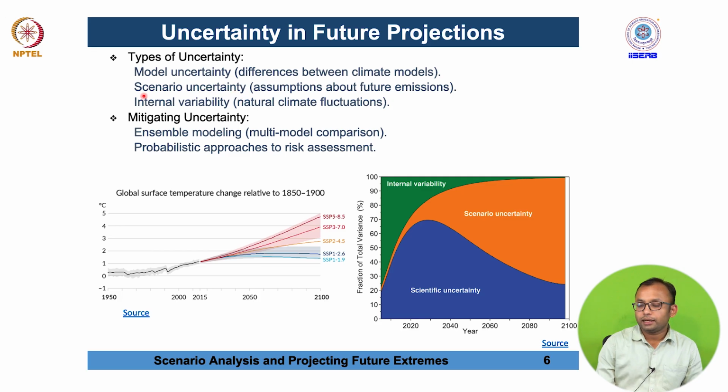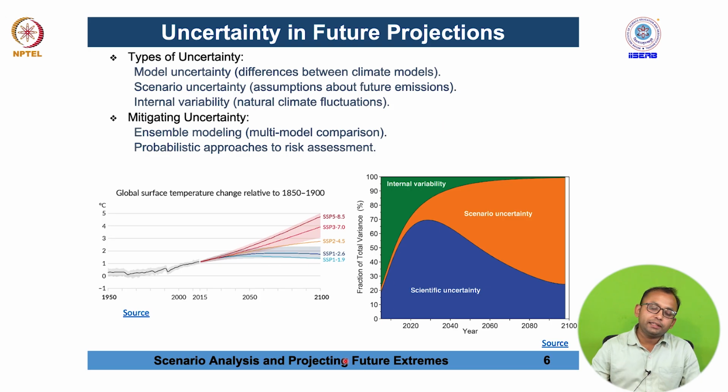There is another uncertainty, which is internal variability. It is possible that natural climate fluctuations, some internal processes, can also be responsible and provide uncertainty. That is the way these uncertainties originate and become part of your model projections or results.